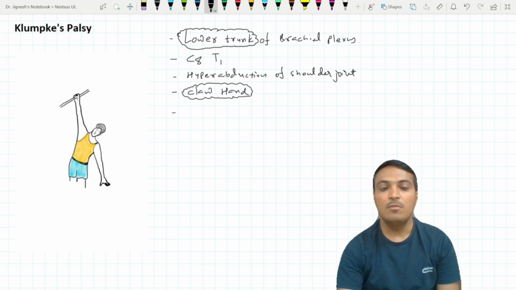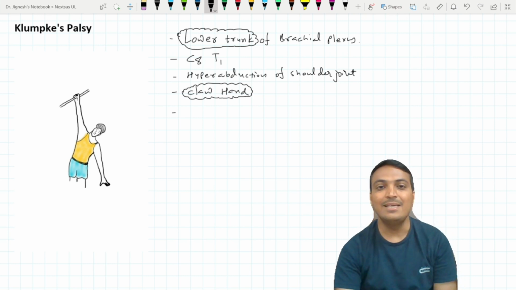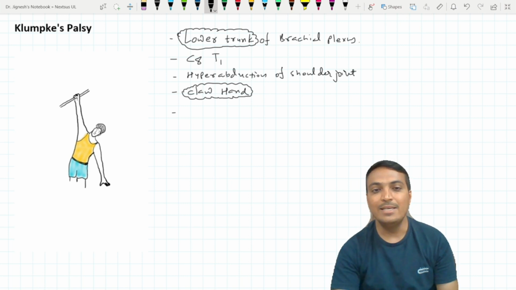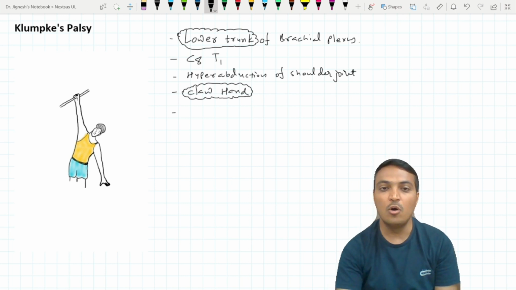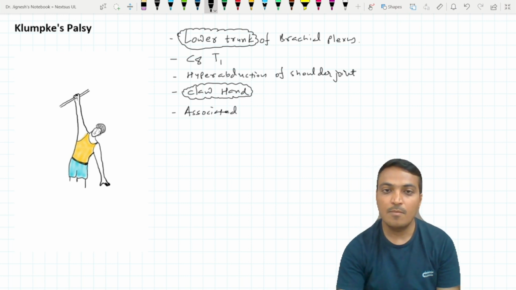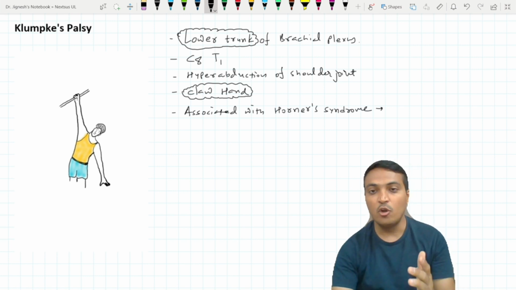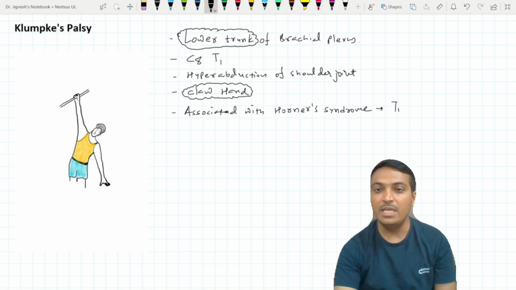One more symptom concerned with this Klumpke's palsy is Horner syndrome, or we can say Klumpke's palsy is usually associated with Horner syndrome. This Horner syndrome occurs because of the affection of the T1 root, and this T1 root carries the sympathetic fibers within it.